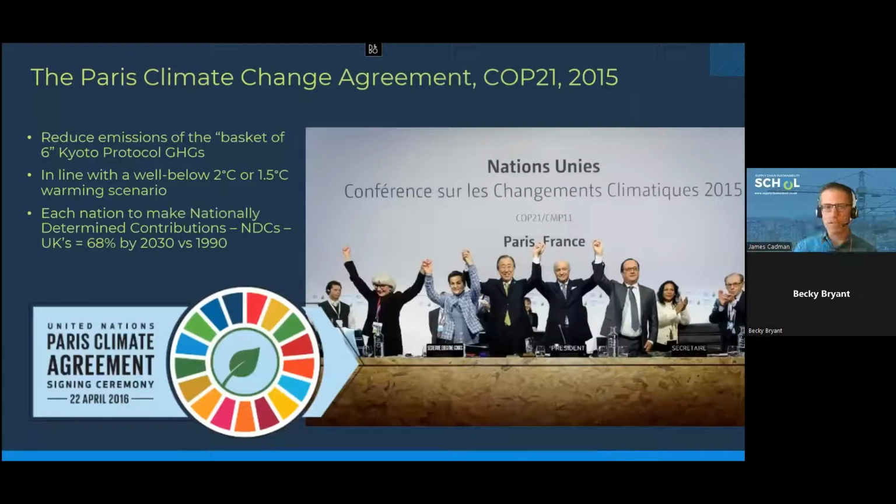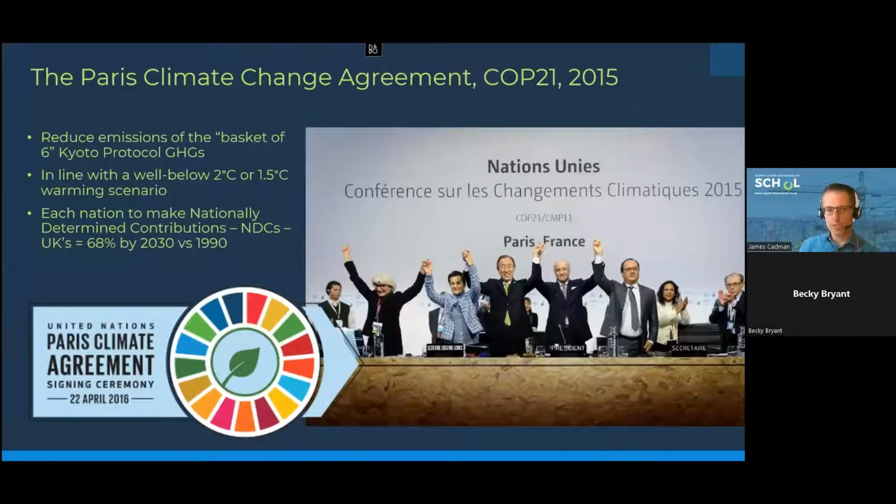Moving on from that through time, we had the Paris Climate Change Agreement, which again is important for net zero and other things like science-based targets. This said that we need to reduce our emissions to well below 2 degrees Celsius, if not even 1.5 degrees Celsius, in terms of the rise in temperature compared to those pre-industrial levels. And each nation has to contribute to that.